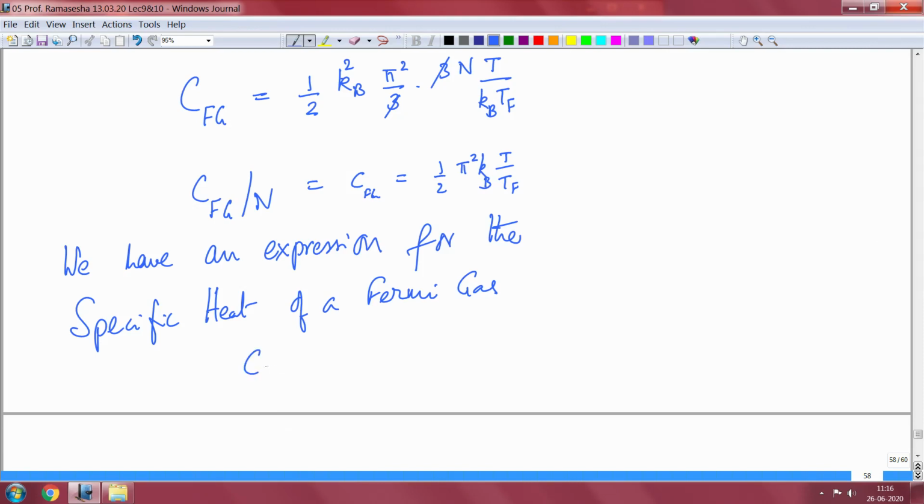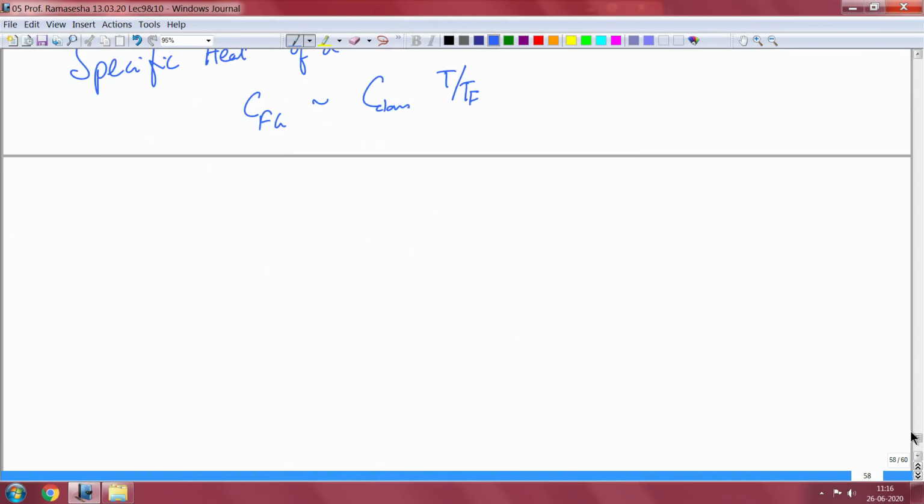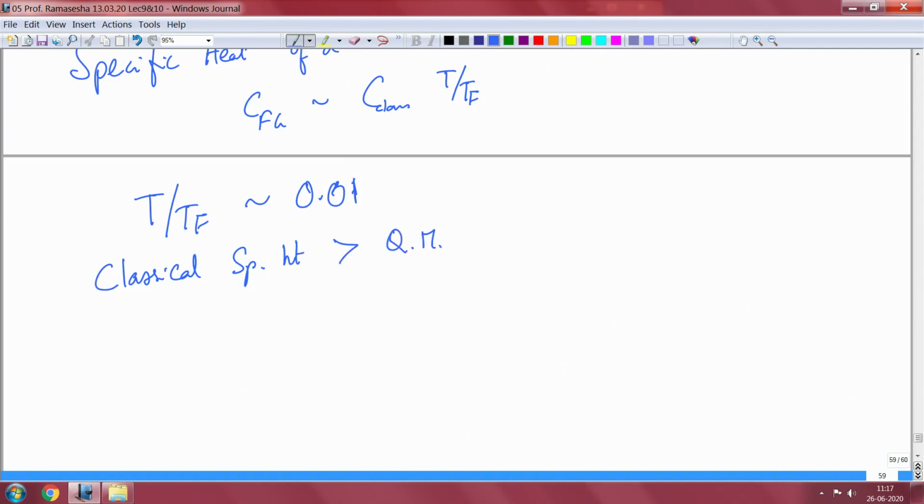So C Fermi gas goes as C classical times T by TF, and T by TF is typically of the order of 0.01. So the classical specific heat is greater than the quantum mechanical specific heat by a factor of 10 to the 2.